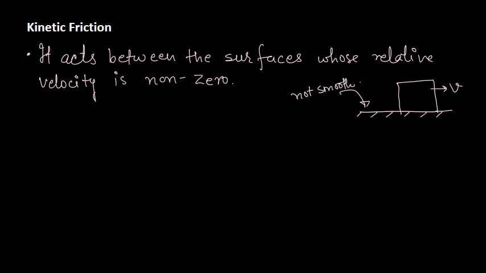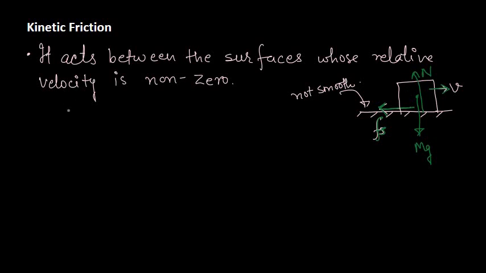The frictional force Fs will be acting along this direction if the block is moving in the positive v direction. So there will be two more forces, that is mg, the gravitational force downward, and the normal force N acting on the block. Okay, so this is the situation.